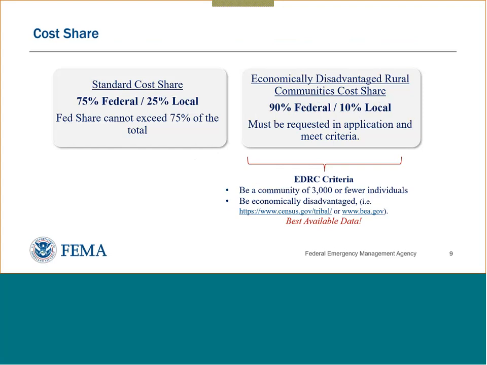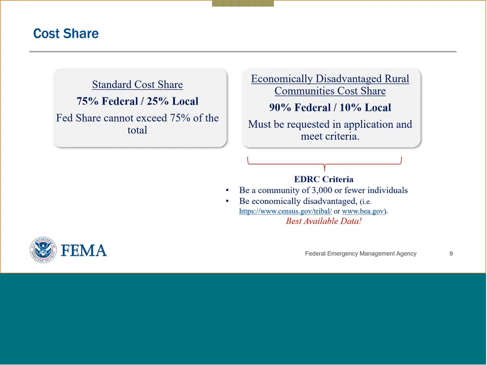It revised the title that it had been using of small impoverished community, and we're now using the term economically disadvantaged rural communities, which will eventually roll off my tongue as EDRC. In this case, the cost share shifts to 90% federal, 10% local or non-federal sources.